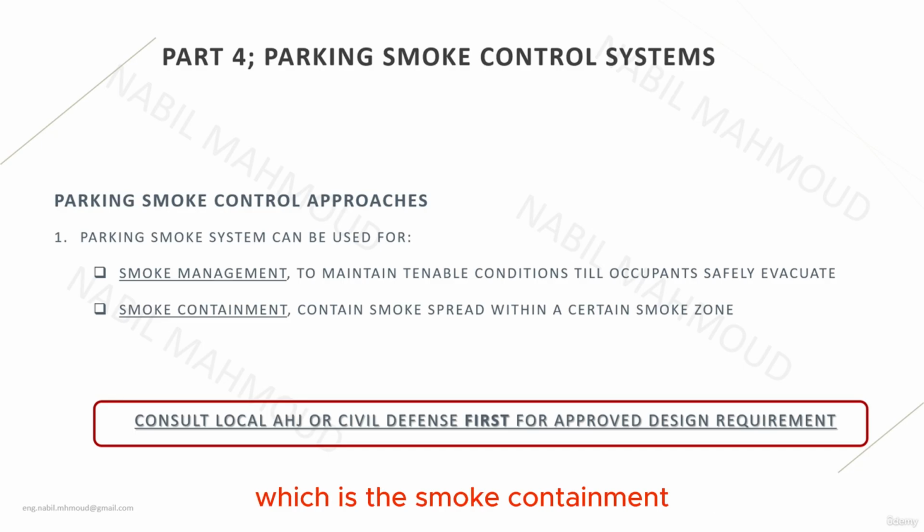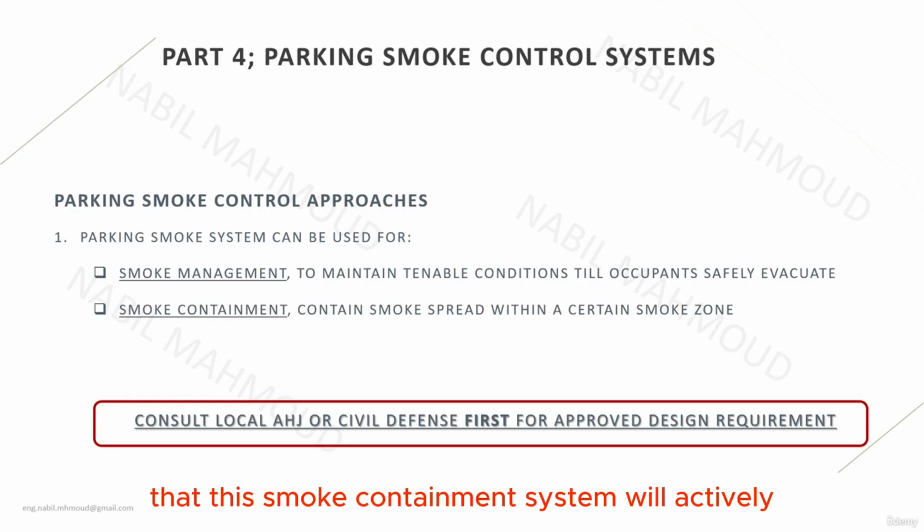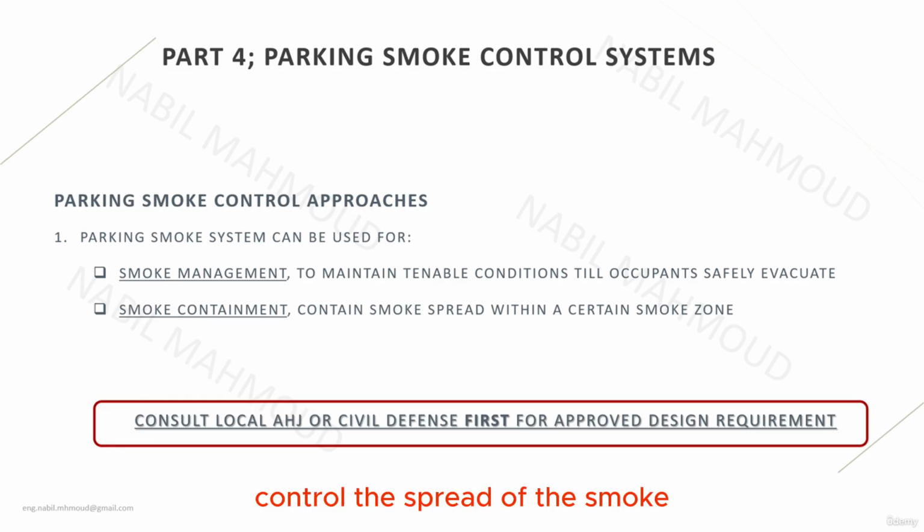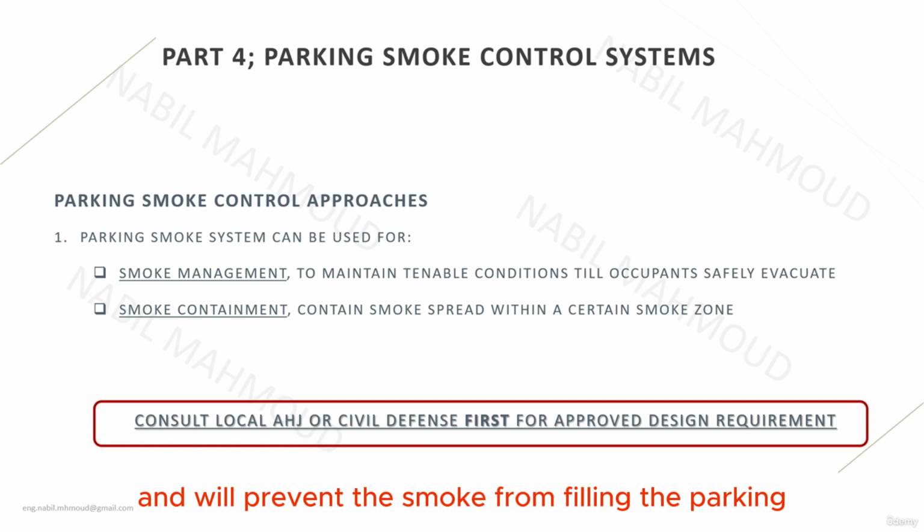And the second design approach in the smoke management of the parking is smoke containment. Smoke containment, by definition in accordance with NFPA 92, is a smoke control system that actively contains the smoke spread within a certain area or a certain smoke zone. This means it will prevent the smoke from filling the parking.